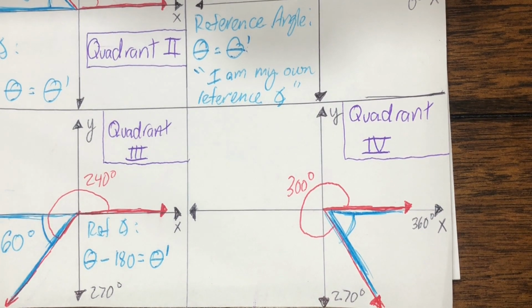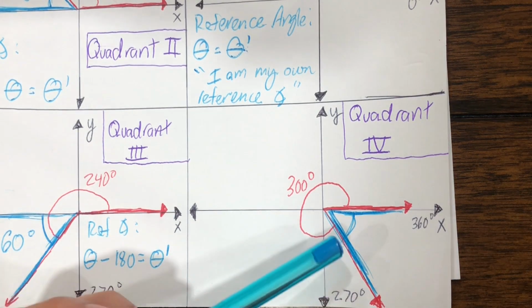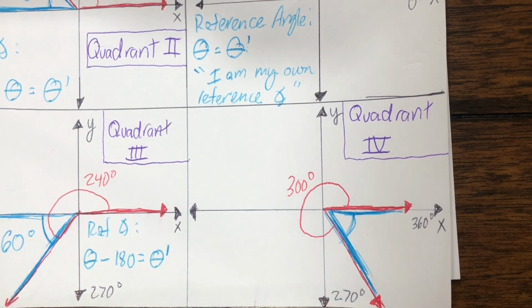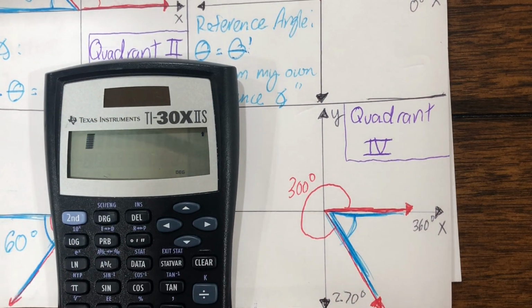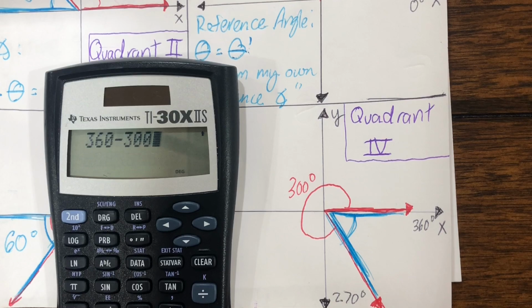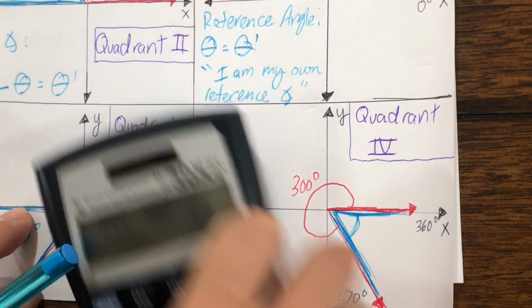Now I need to figure out what the reference angle is for 300 degrees. We're almost completing a full circle with this reference angle. If I take my full circle, which is 360 degrees, and subtract 300, so 360 minus 300, I get 60 degrees.